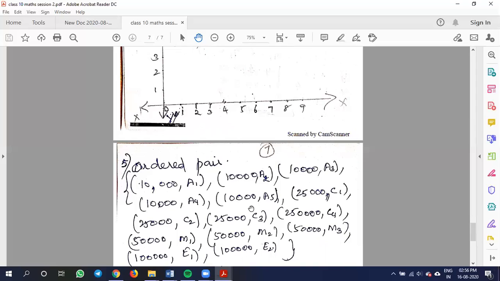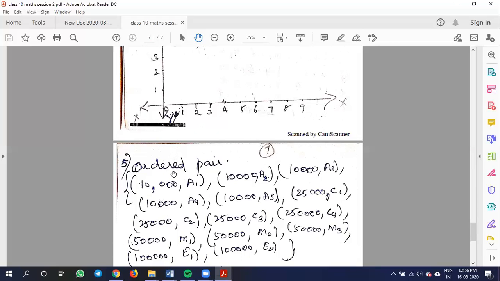So what is asked: the relation R is defined from X to Y, where X is the salary given to the person. The first set is the salary and the second is the person that is given. You have to write like this.